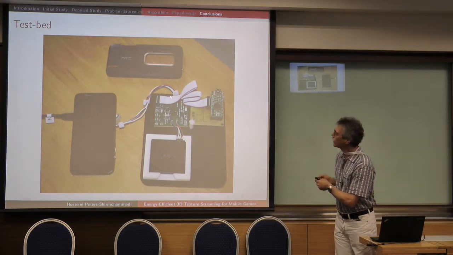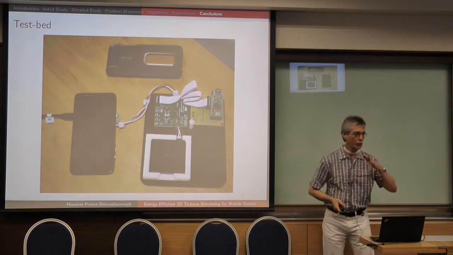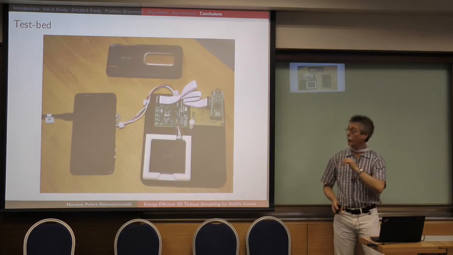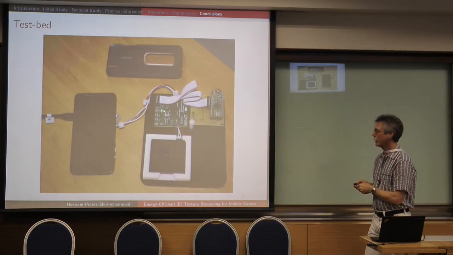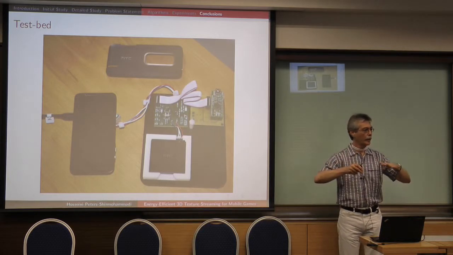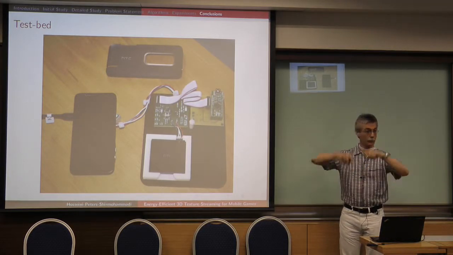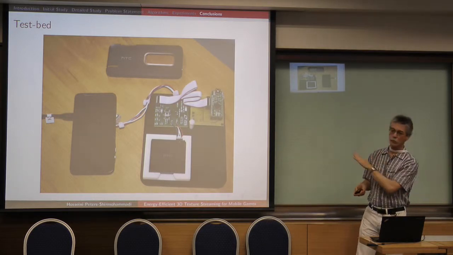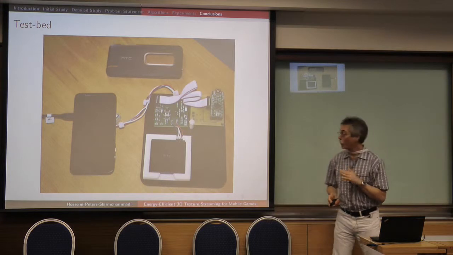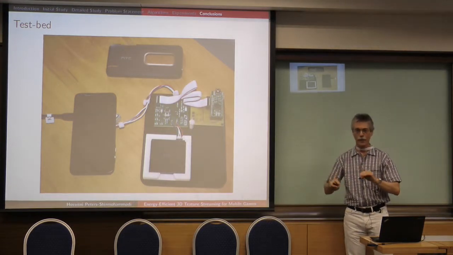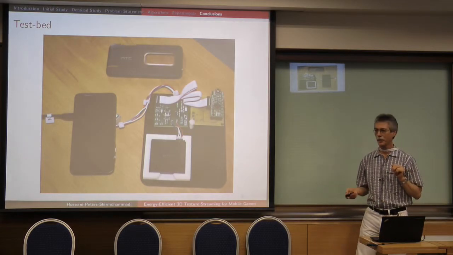And this board here is sampling the voltage and current once per millisecond, doing an analog-to-digital conversion and sending it through a USB port to our PC, which is running software, and we can monitor the voltage and current in real time, and also store it for later analysis. So we haven't actually done the experiments on this thing, but the test bed is already functional, just waiting for another grad student.